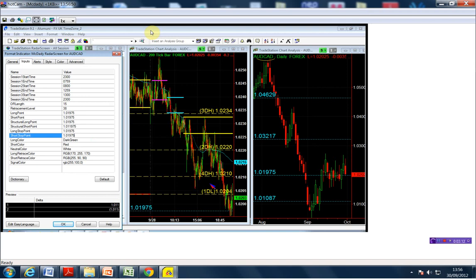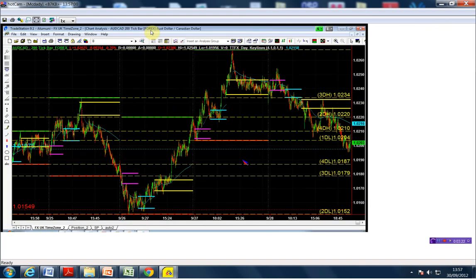On the buy side, that is what's going to be a little bit tricky, because we need to look for a structural point or somewhere where we can buy it. And as you can see here, look at those pretty rough levels. These are all pretty strong levels here. 1 daily low, 4 daily high, 2 daily high.